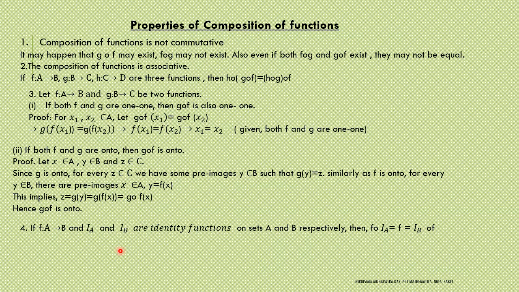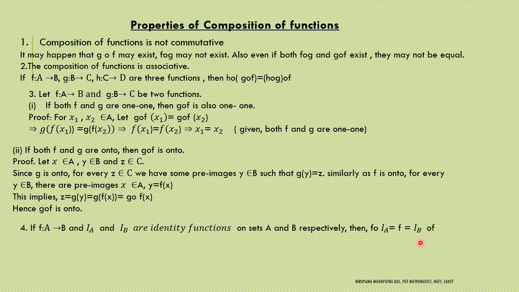And the last property is, if f is a function from A to B, and I_A means the identity function on A and I_B is the identity function on B, then composition of the function with an identity function will not change the function. So f of I_A equal to f.